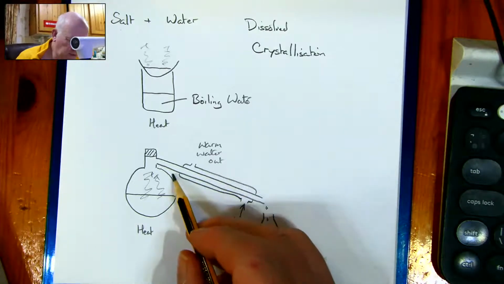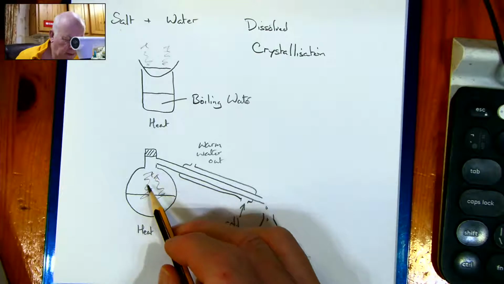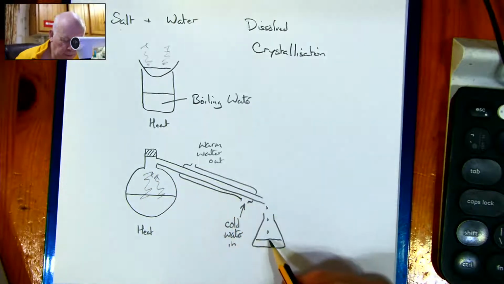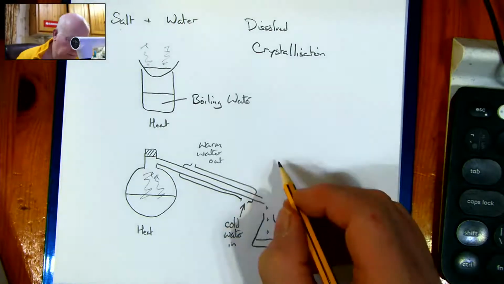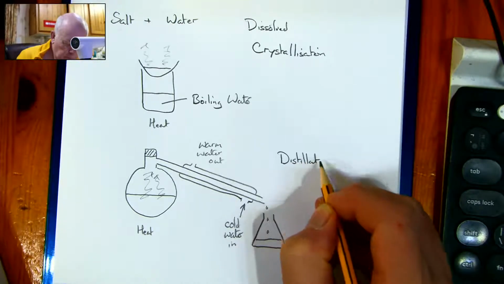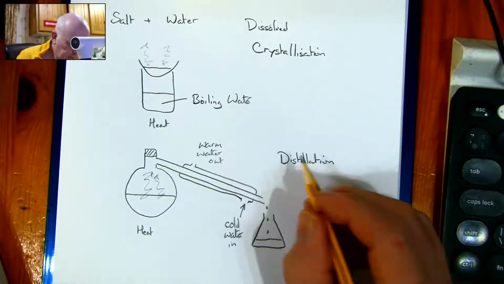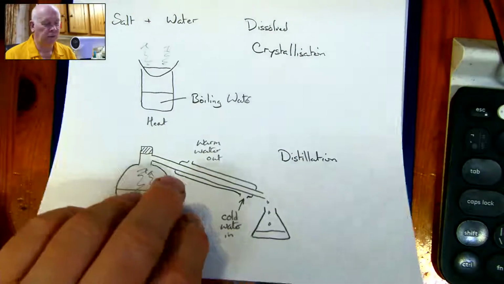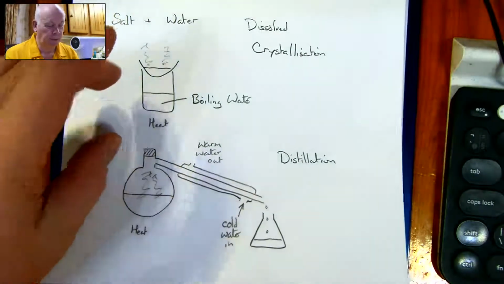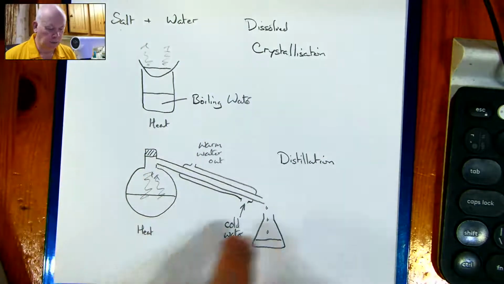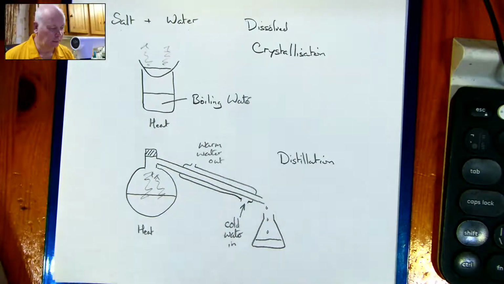This causes my evaporated water to condense and to drip out at the other end. We'll call this process distillation. So quite an easy way of separating these two items: crystallization if we want the solid, and distillation if we want to collect the liquid.